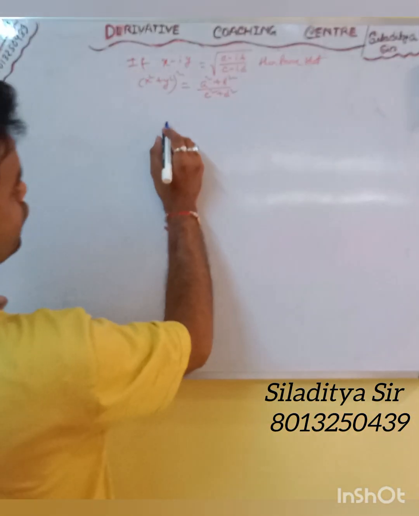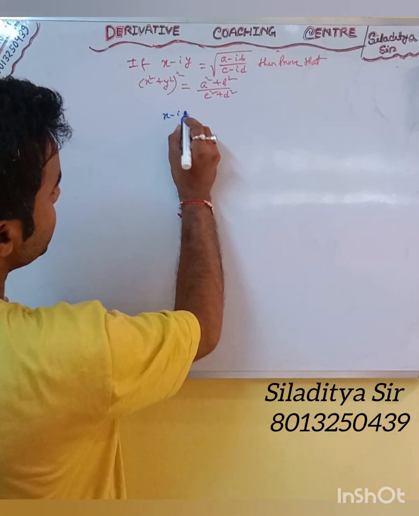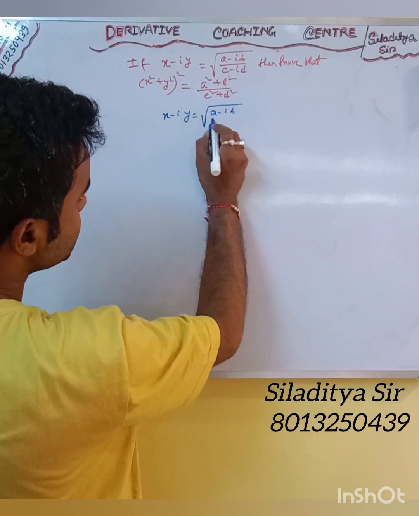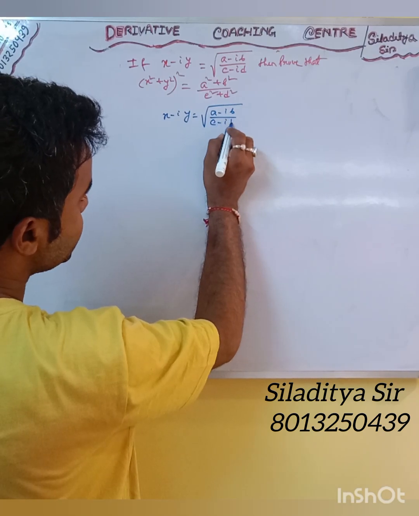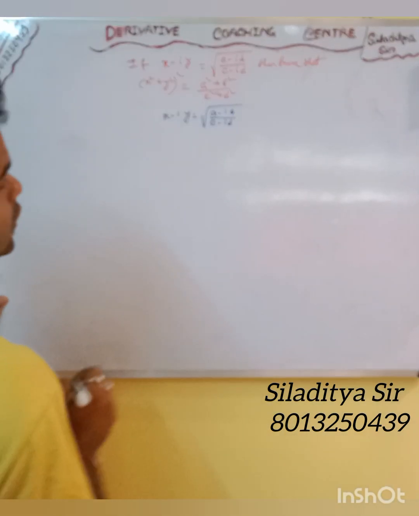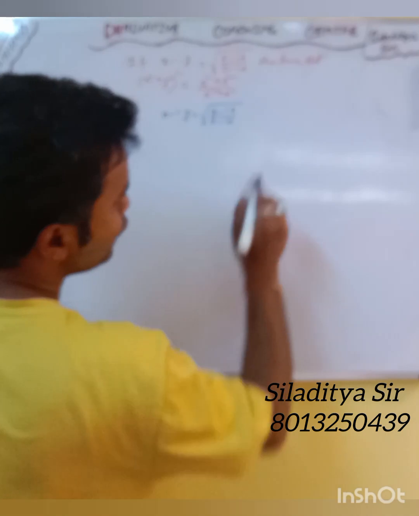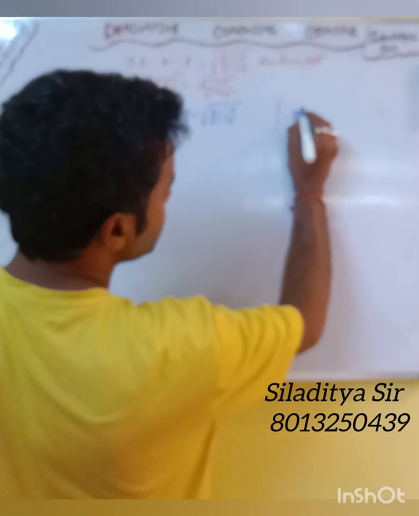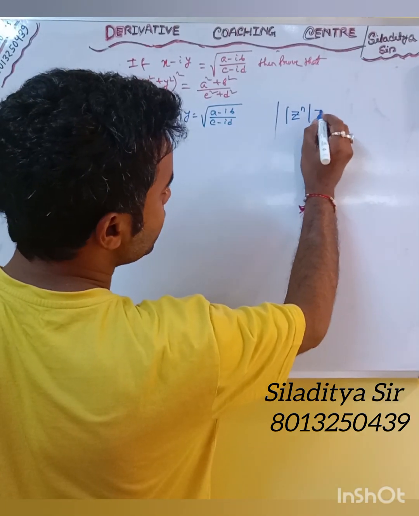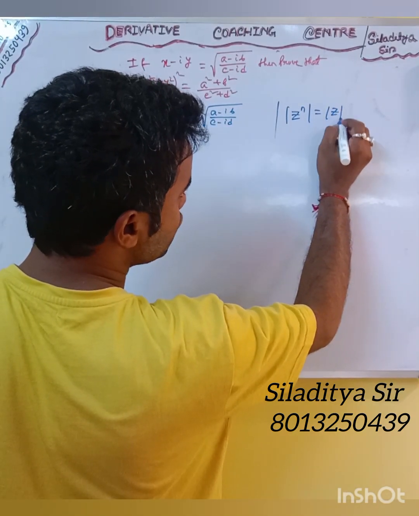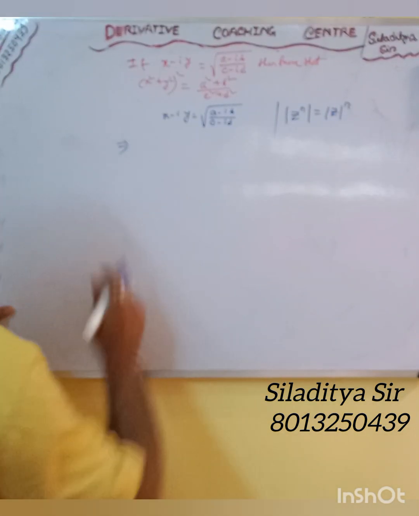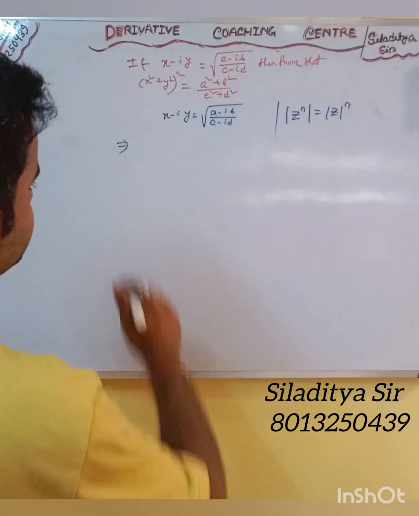Now look, x minus iy equals root over (a minus ib) by (c minus id). One thing we know is that mod of z to the power n means mod of z whole to the power n. So find the modulus of x minus iy.